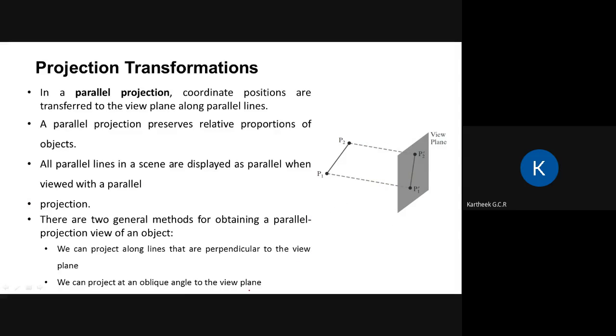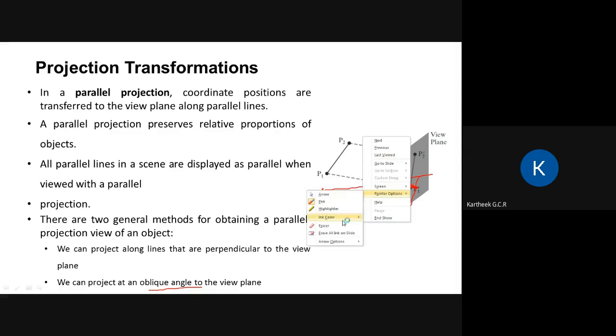The second type of projection is called oblique projection. Oblique projection is where you have an object, and the projectors are parallel to each other, but they are at a certain angle which is not 90 degrees with respect to the viewing plane.